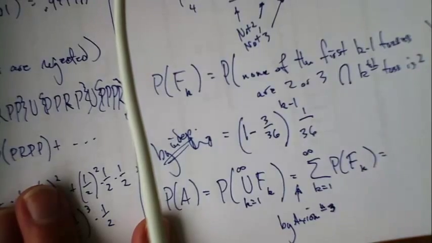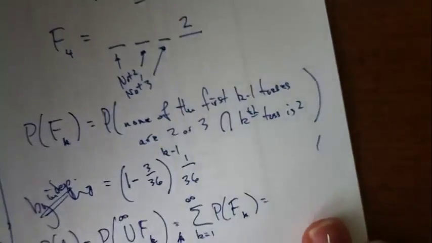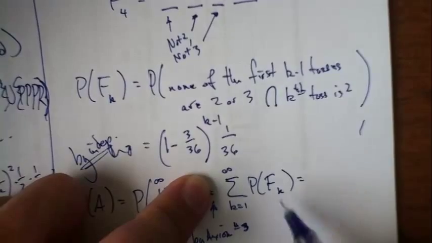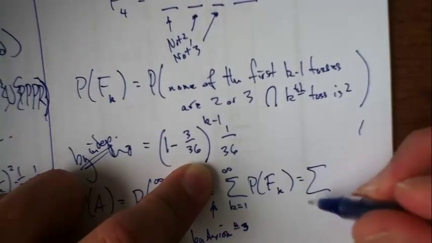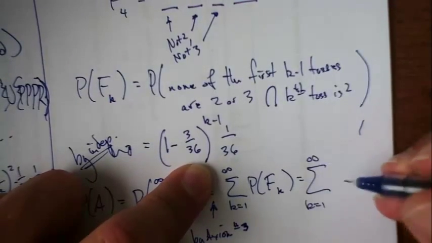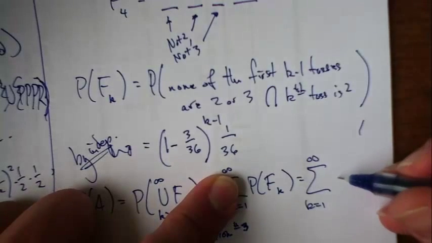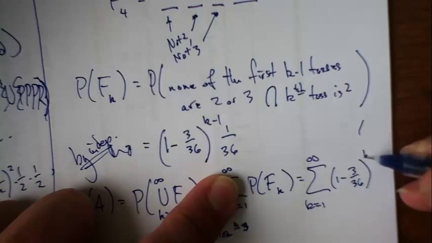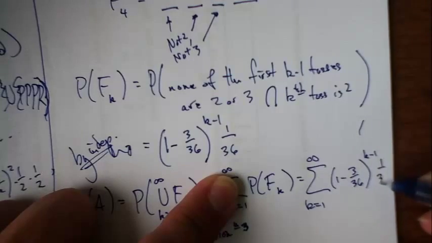And now I already know what the chance of F sub k is, so I'll just sub in there. It's 1 minus 3 out of 36, raised to the k minus 1, times 1 over 36.